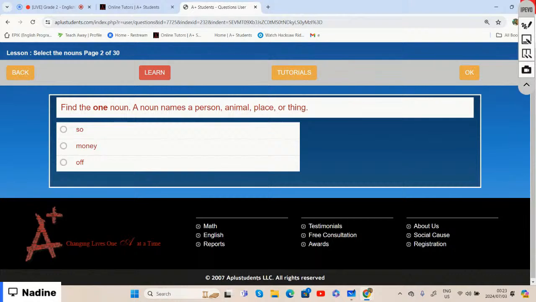All right, and if we were to find our correct noun, then we would go with option two. Option two is correct, right? So well done. But now, does it name a person? Does it name an animal? Does it name a place? Or does it name a thing?